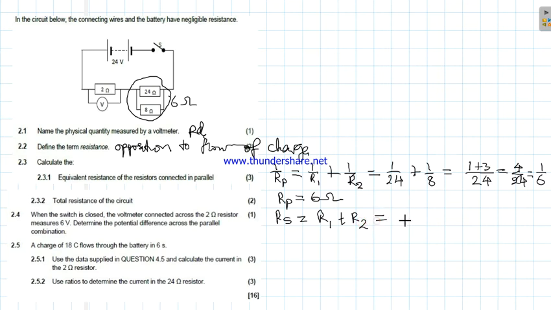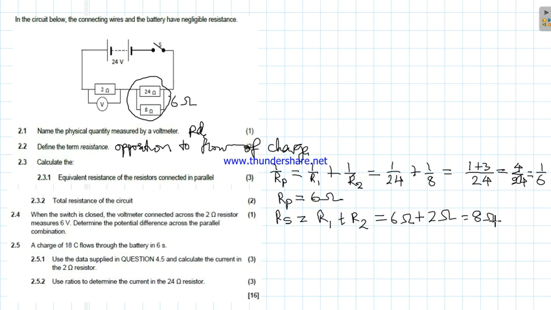So we can take the Rp as our R1, that is going to be 6 ohms plus 2 ohms, and the total resistance of the circuit is equal to 8 ohms. So that's how that is done.